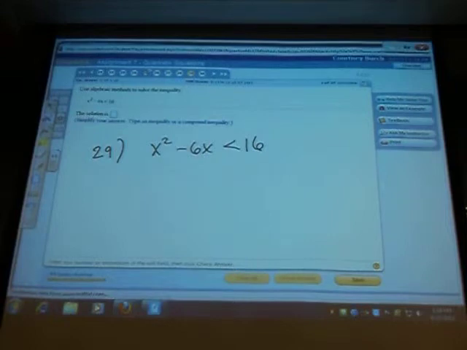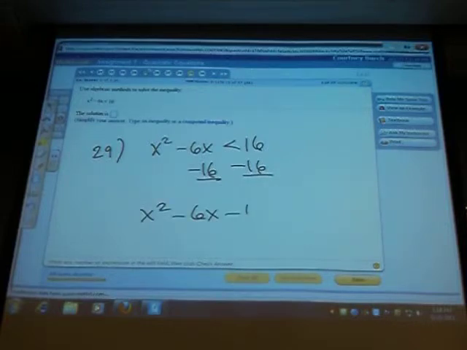Okay. This is one where you have to answer a little bit differently. So what do I need to do first here? Set it to 0. Subtract 16. So I have x squared minus 6x minus 16 less than 0.